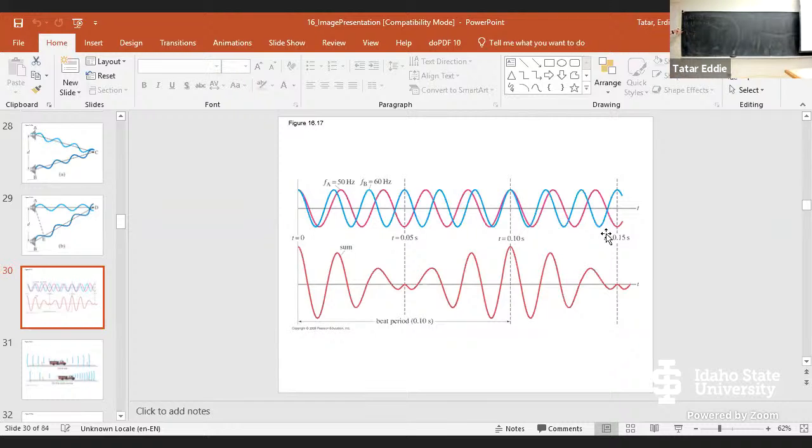So when I say exactly the same wavelength, it usually means also exactly the same frequency, because the speed of propagation of the sound wave in air is a fixed number, pretty much.